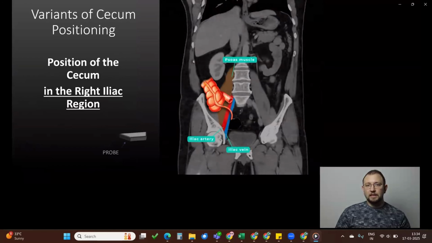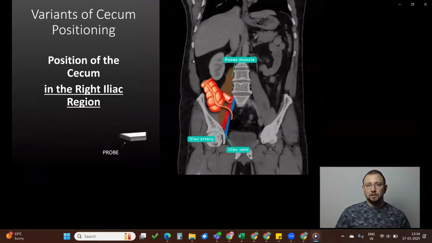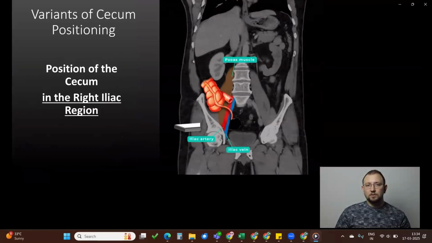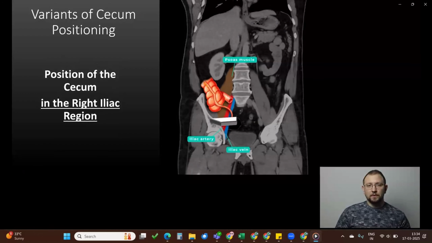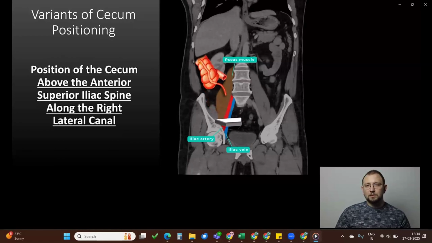We look for the iliac vessels to understand the relative position of the cecum. Next, locate the cecum, which is most often found lateral and superior to the vessels. If there are loops of the small intestine in the right iliac fossa, consider the possibility of a high position of the cecum and move the probe upward towards the costal margin.